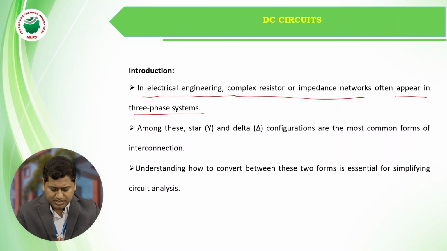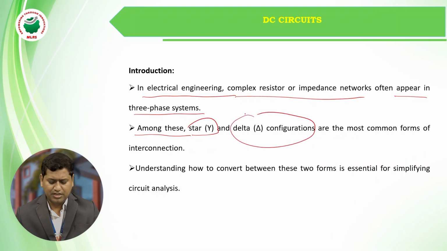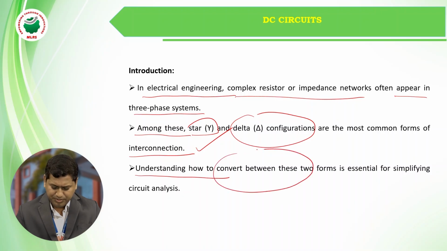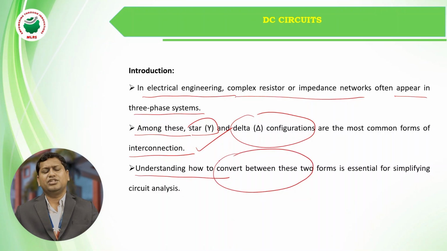Among these, star and delta configurations are the most common forms of this interconnection. Understanding how to convert between these two forms is essential for simplifying circuit analysis.